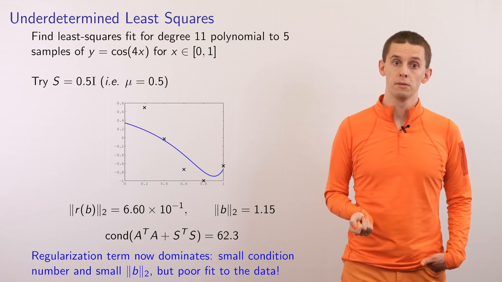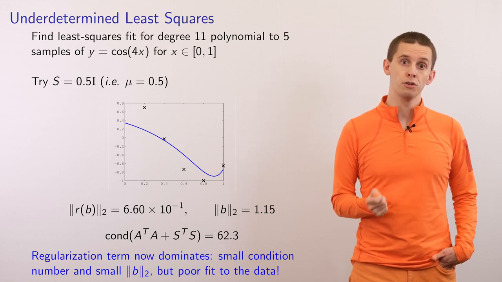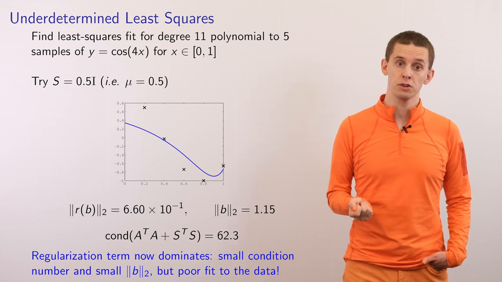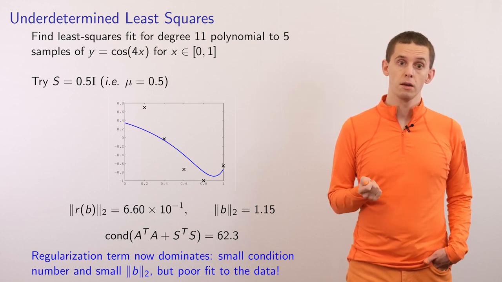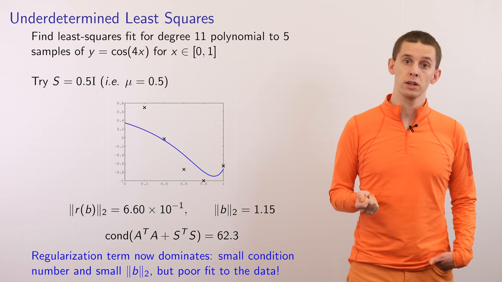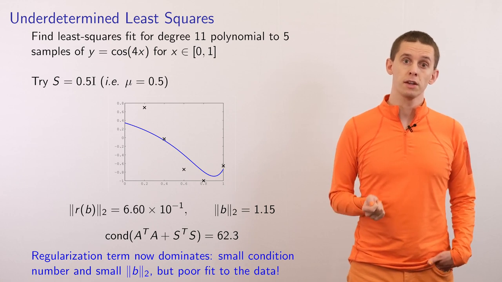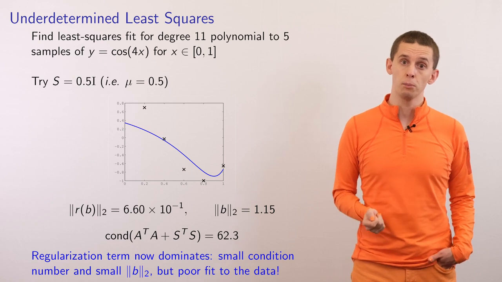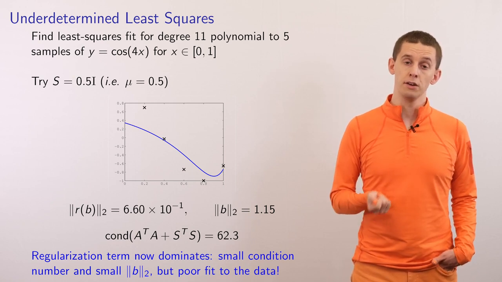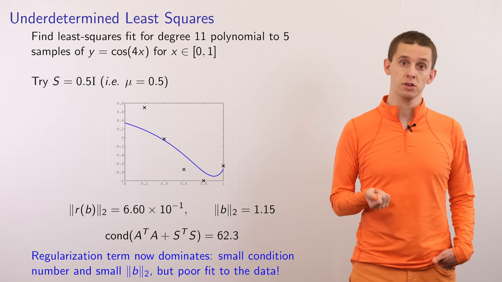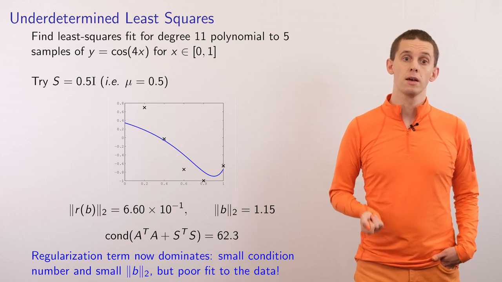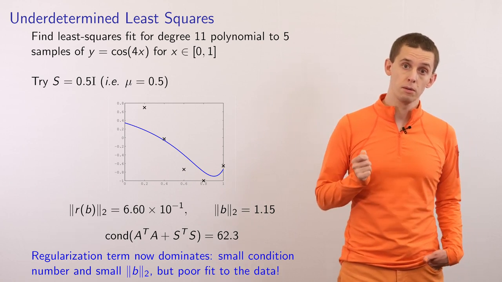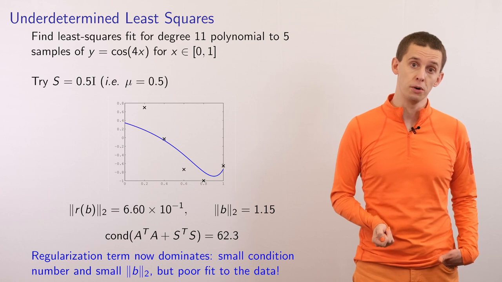In this case here, the magnitude of the residual actually works out to be 6.6 times 10 to the minus 1. And in this case, we've actually significantly reduced the magnitude of the b vector to now 1.15. And in addition, the condition number of our matrix A transpose A plus S transpose S has now reduced to 62.3.